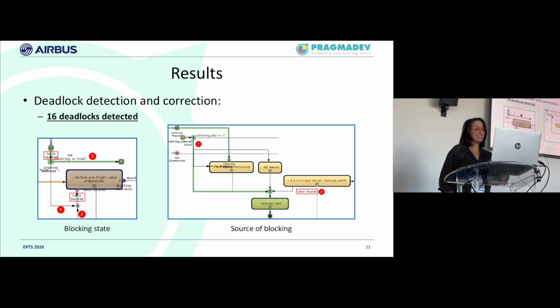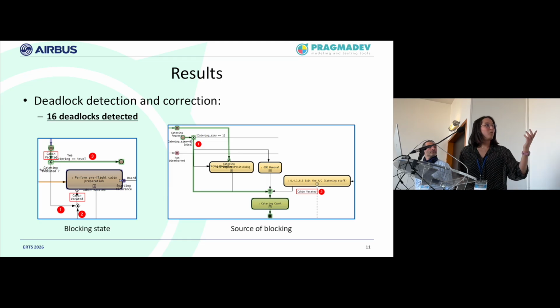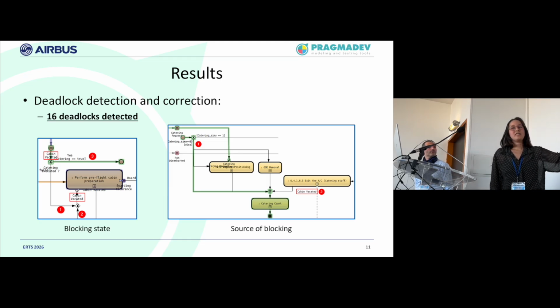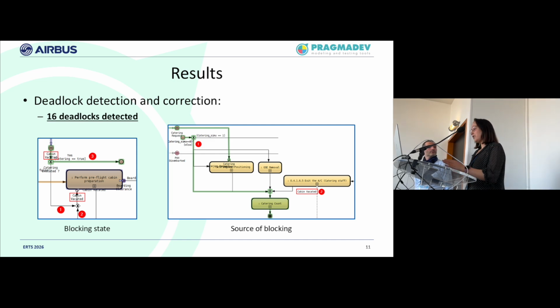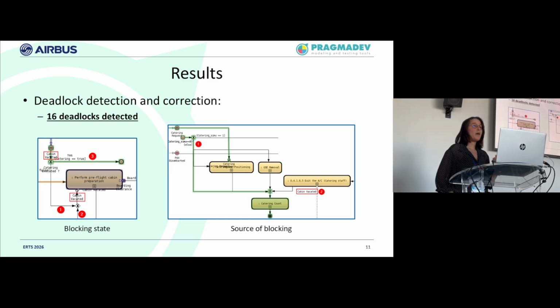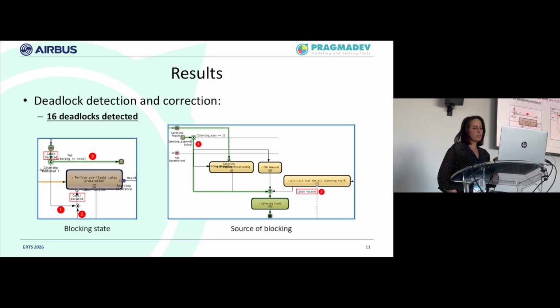And these 16 deadlocks would have invalidated our simulation results. Within the tool, we could find the blocking state and see the source of blocking, and make the modification either directly in the tool or go back to our SysML model, modify, export, do the transformation, and then rerun the simulation, which was fairly quick.